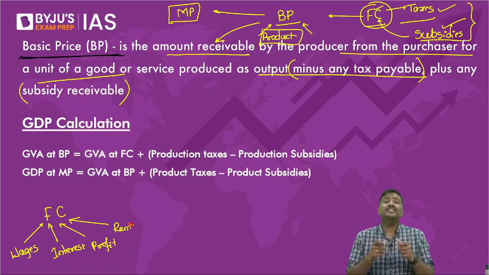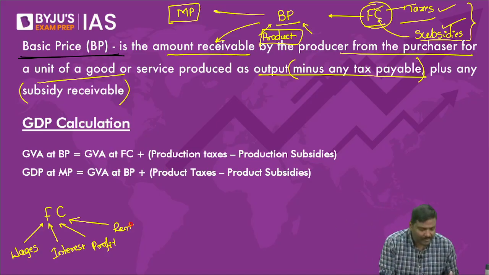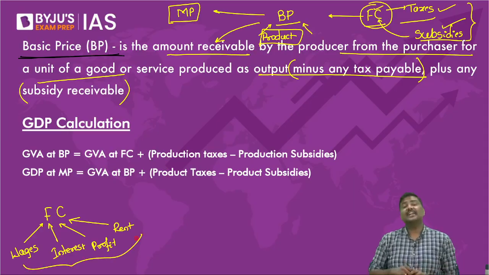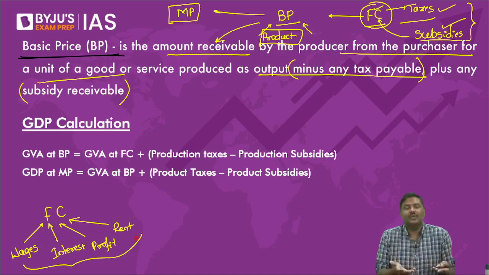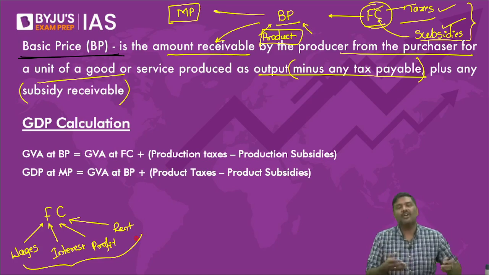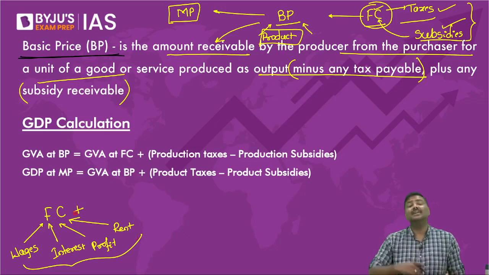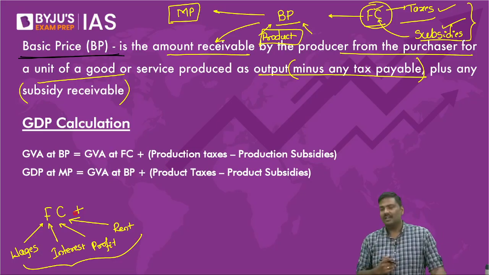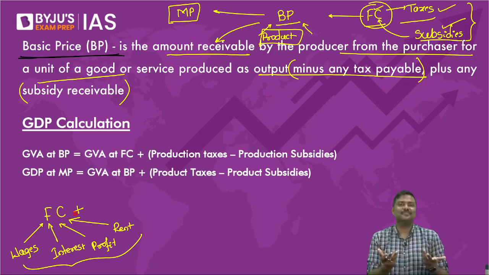Now, where is the idea of the taxes that you have paid? Where have you counted the taxes that you have paid, let's say, production taxes? You have not counted them. So what will you do? You will add the production taxes, and you have received certain production subsidies, so subtract the production subsidies.